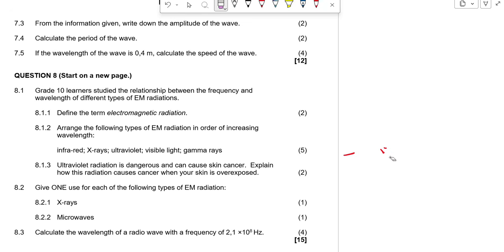So guys, these rays, number one, you're going to say 8.1.3.